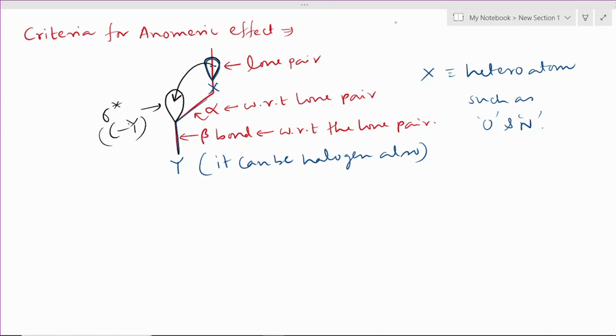This is how the anomeric effect occurs, and this is the skeleton for occurring anomeric effect.